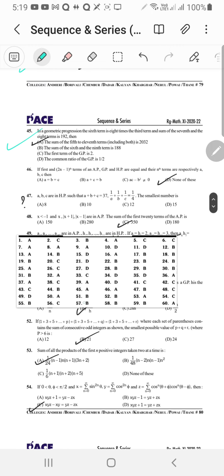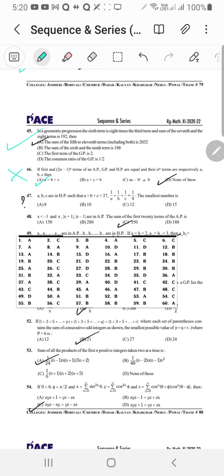Wait, 46 is D, right? No, it's A. Okay, cool, this is wrong. But this doesn't make sense. A equal to B equal to C. First and 2n minus 1th term of an AP, GP and HP are equal.